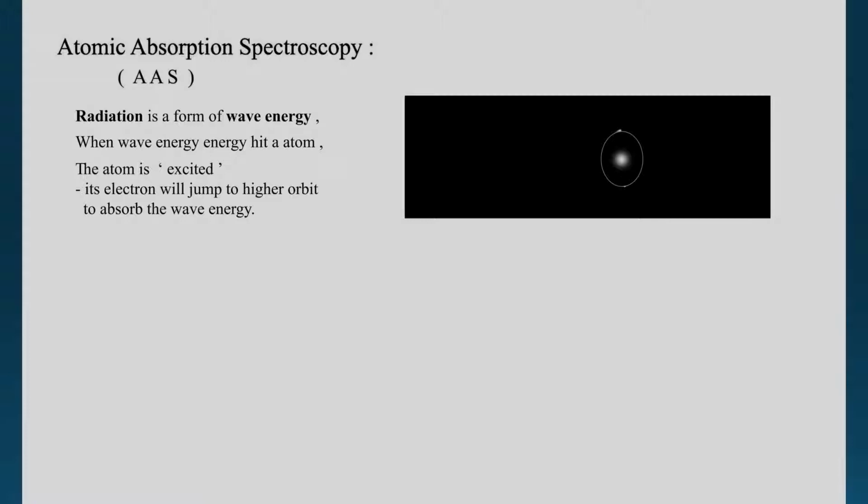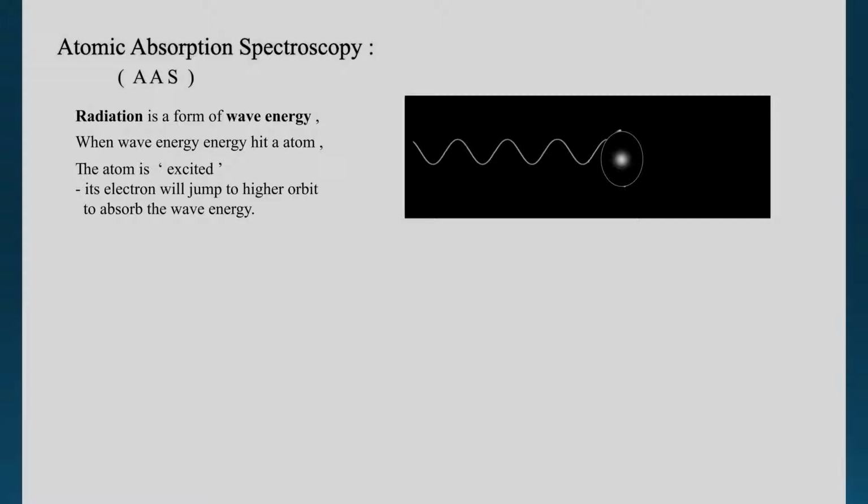In an atom, an electron orbiting an atom has energy to orbit. So, wave also is a form of energy. The radiation wave also is a form of energy. What happens when this wave hits an atom like this?